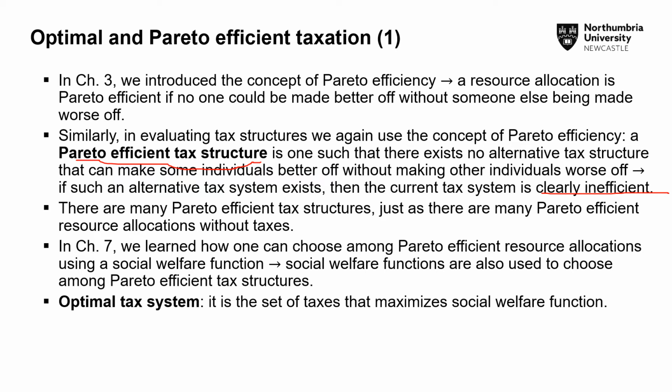And these social welfare functions can also be used to choose among Pareto efficient tax structures. So the idea, as with resource allocation, is to choose a tax structure that will maximize the social welfare function. And what that will result in is an optimal tax system.